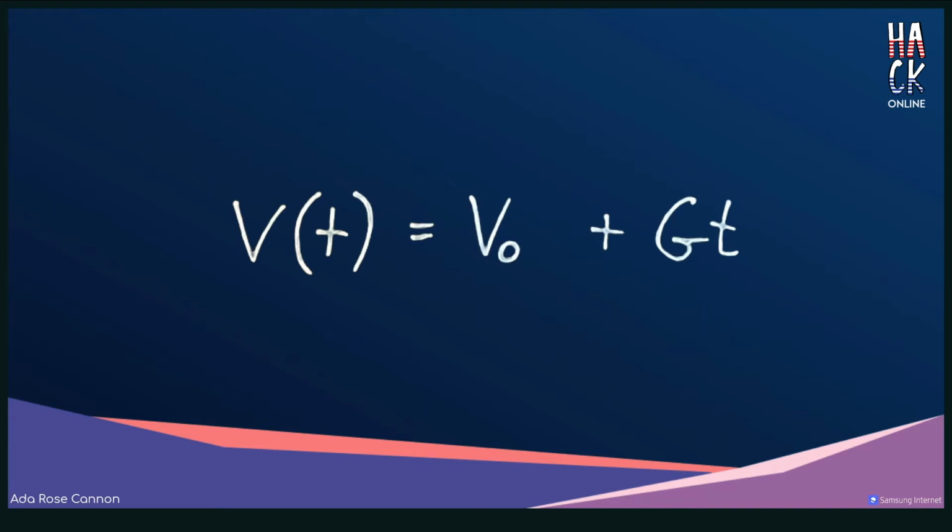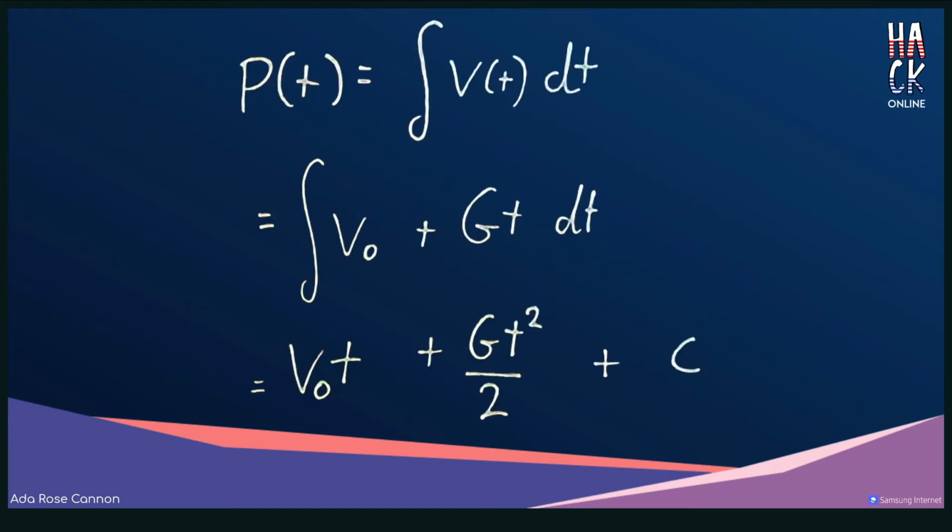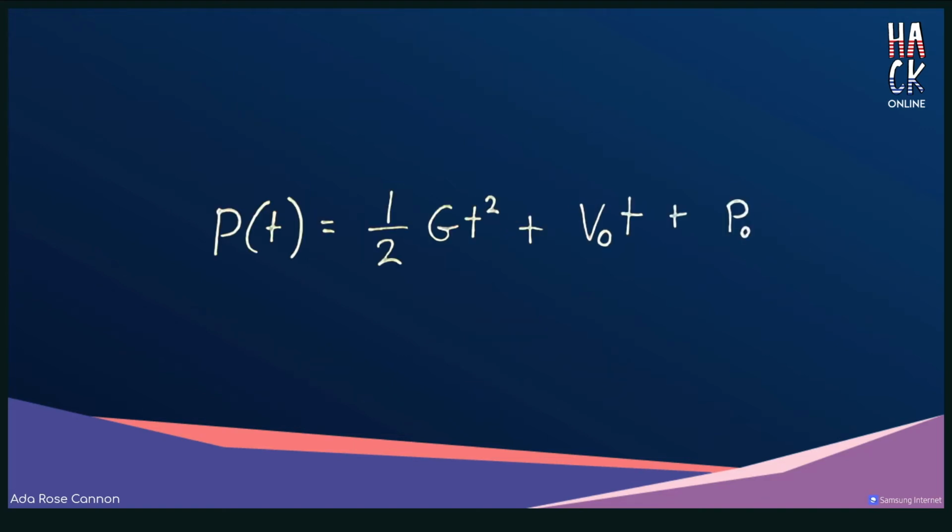To get the position from a velocity, you can integrate the equation, which gives us this. And there's a leftover constant, c, which we need to work out. If we set the time to 0, then c is just our position at time 0, aka our starting position, which is something we know. So we now have our formula for position at a point in time.